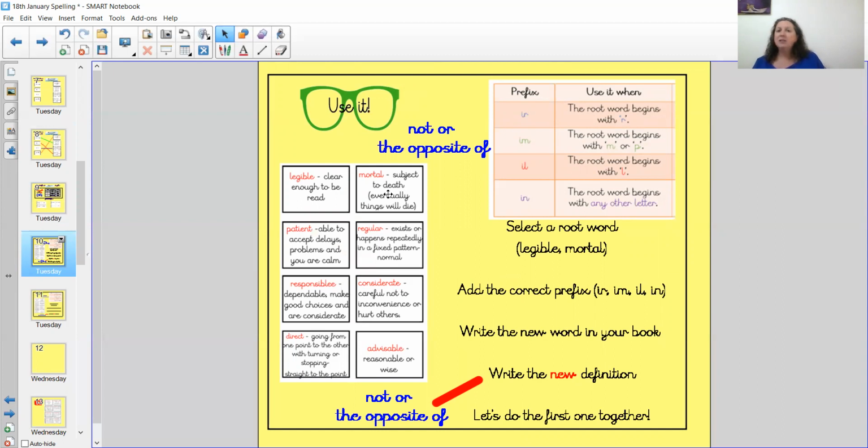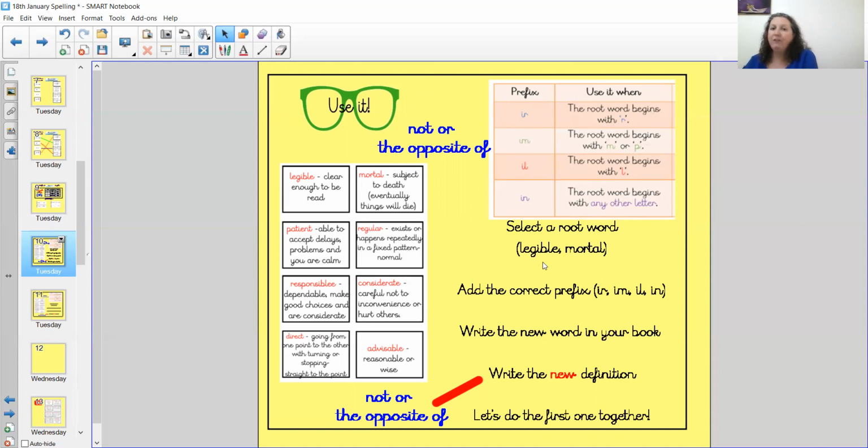So select a root word, one of our root words from our sheet. These are the ones on this page in red. Use the rule that you already have at the top and add the correct prefix. After that, in your book, I would like you to write the new word.